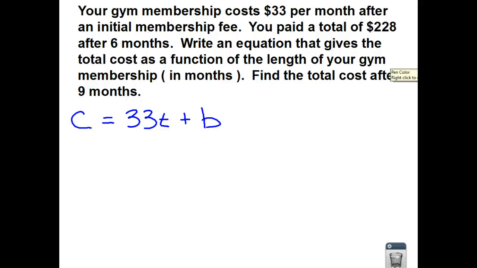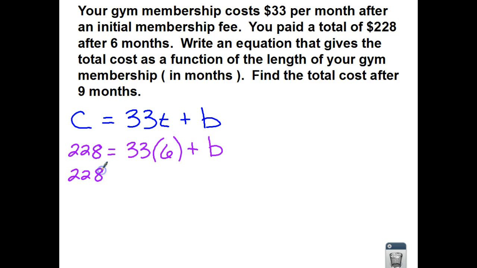So let's fill in the information that we do know, and maybe we could figure out what that initial cost was at this gym. So if we paid $228 for 6 months, the time was 6 months, we would be able to figure out a little bit more here. So 228 is equal to 33 times 6. So what do we have? Go off. Again, no calculator, so 33 times 6.